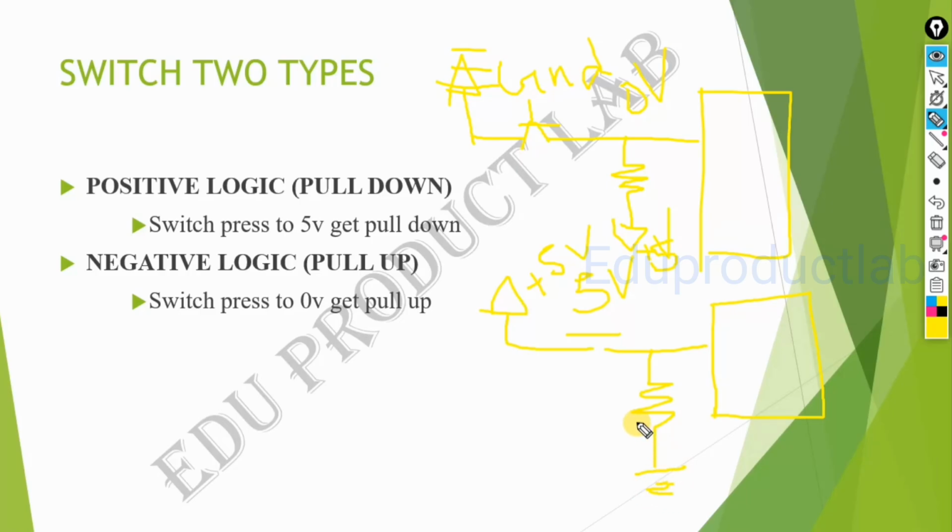This is also commonly used with PIC microcontrollers. When the switch is not pressed, the controller reads 0 volt. When the switch is pressed, the microcontroller reads plus 5 volt. A pull down resistor keeps the input pin at logic low. When the switch is pressed, the input changes to logic high.